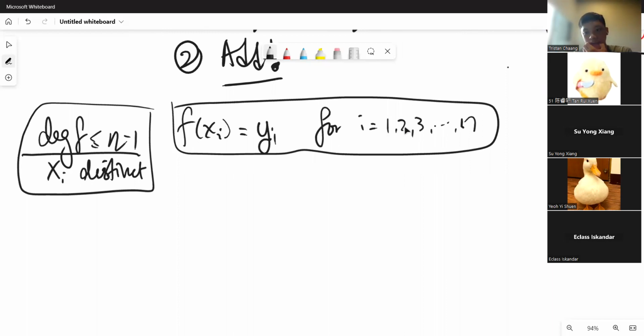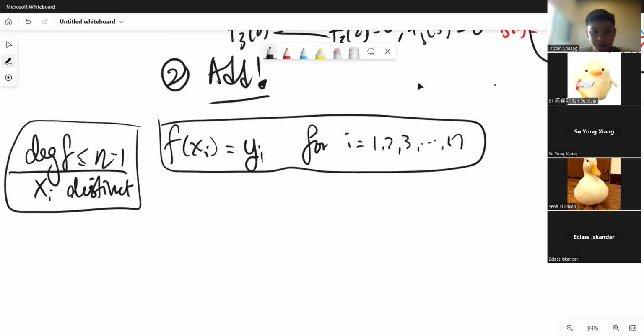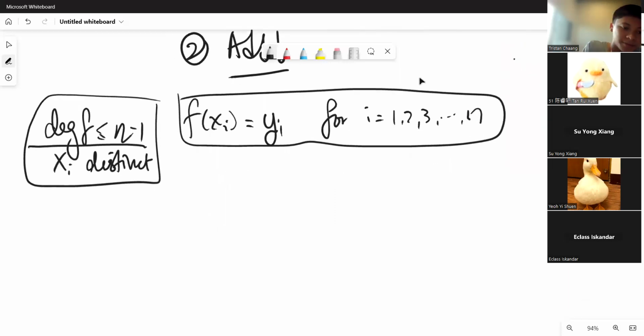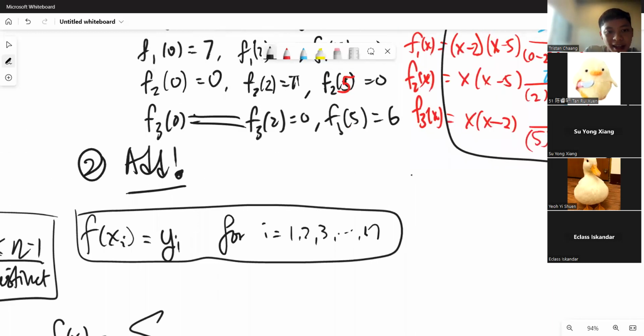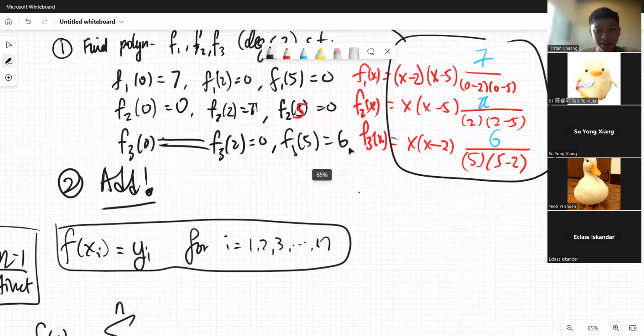So how can we write f? It's kind of like the sum of a lot of terms, the sum of actually n terms. So i equals 1 to n. So there are n terms, just like what we did here.